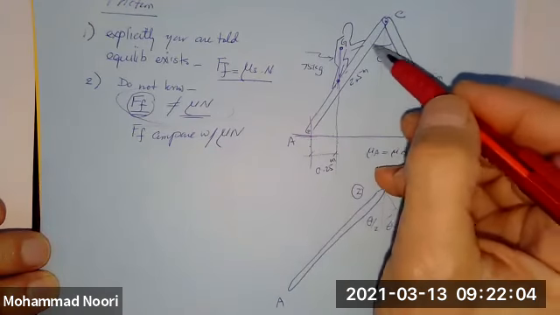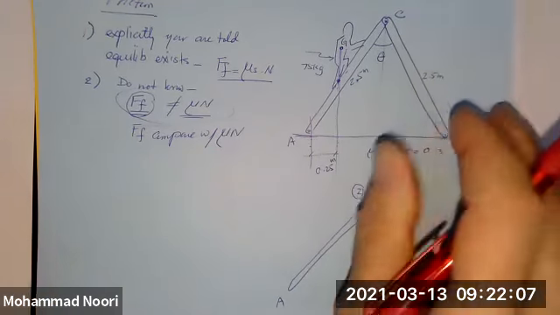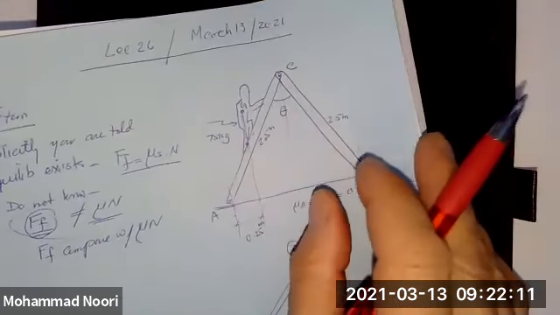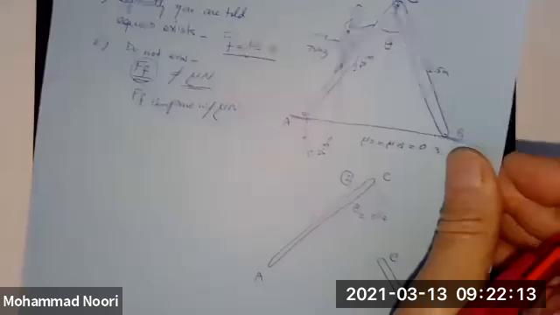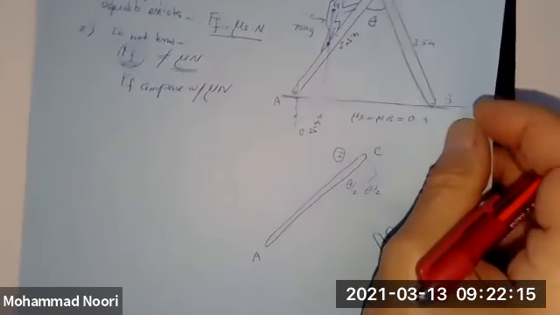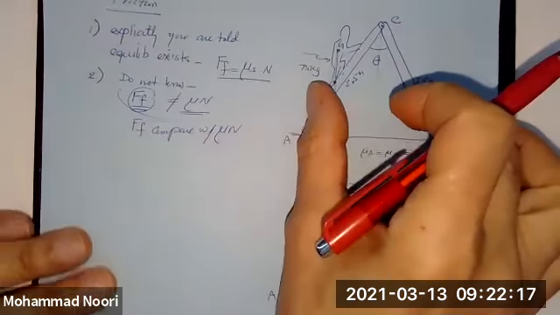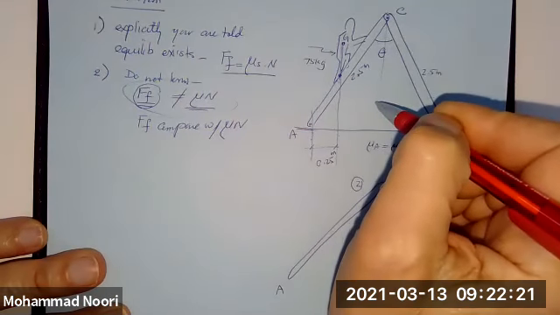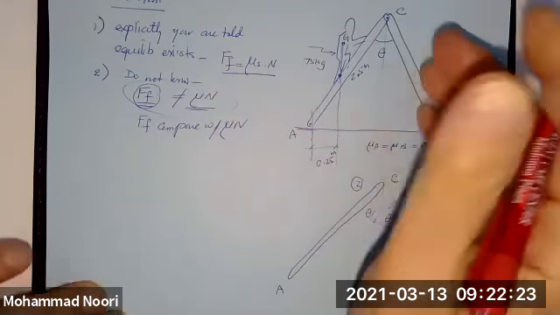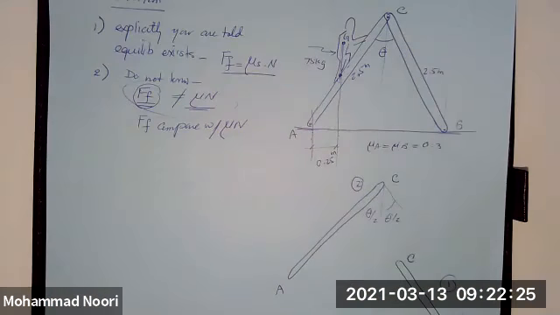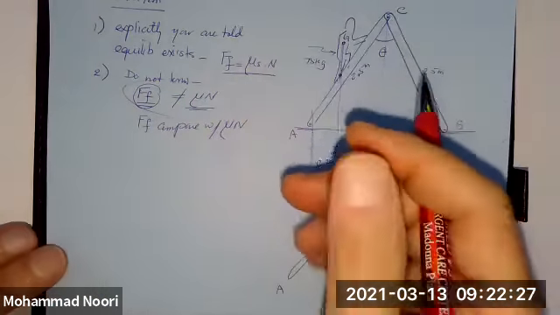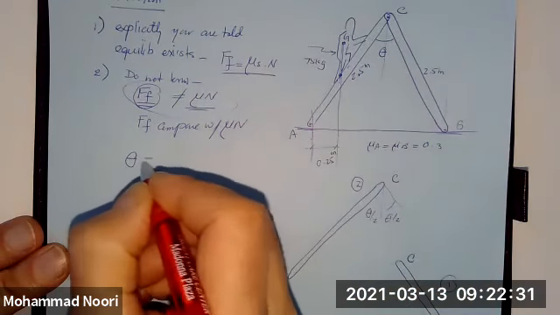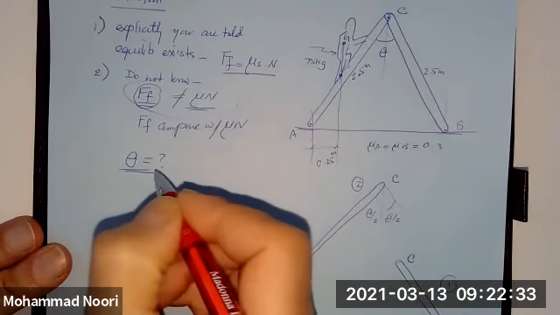What would be the minimum angle that this guy should keep these two legs at, so that equilibrium exists? So the ladder doesn't open up, and the guy doesn't fall down. So we want to find theta, basically.